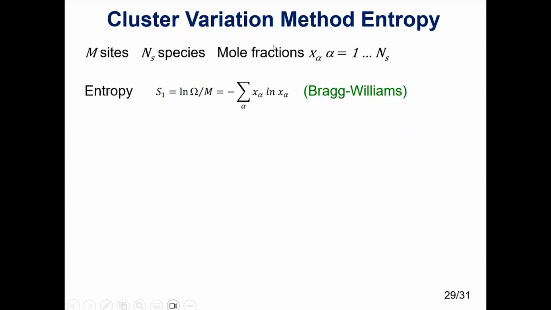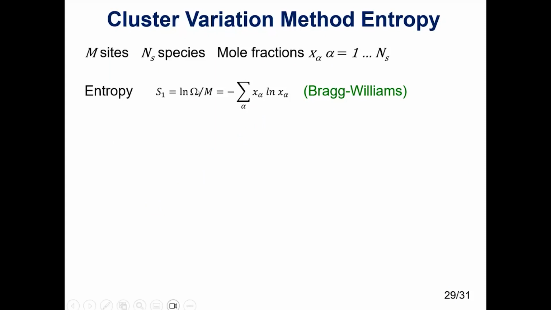Okay, and one thing that we can do with these correlation functions that we calculate from Monte Carlo simulation, we can calculate the entropy using a method that I call cluster variation method. So the cluster variation method is a way of writing down the entropy if we know certain things about the distribution of chemical species among the sites.